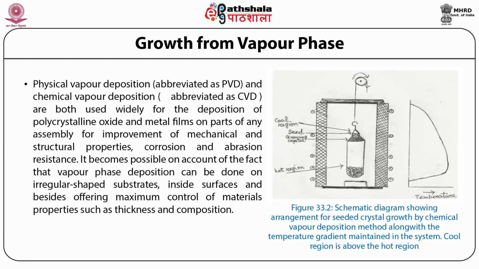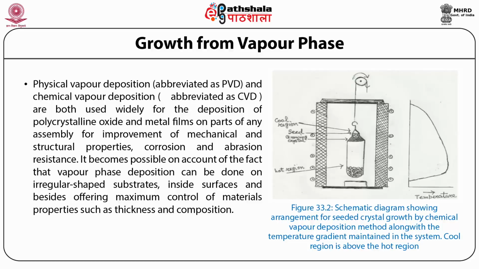Physical vapor deposition, which is abbreviated as PVD, and chemical vapor deposition, abbreviated as CVD, are both used widely for the deposition of polycrystalline oxide and metal films on parts of any assembly or improvement of mechanical and structural properties, corrosion, and abrasion resistance.